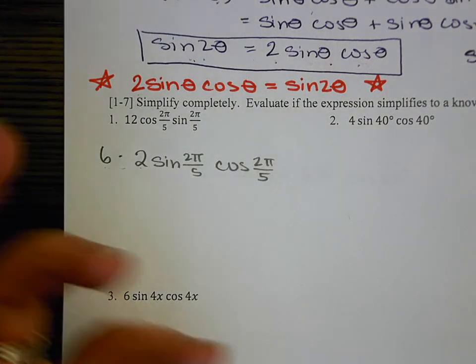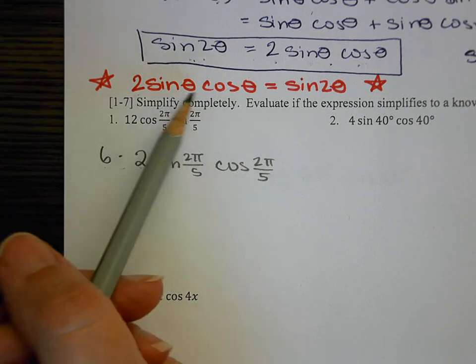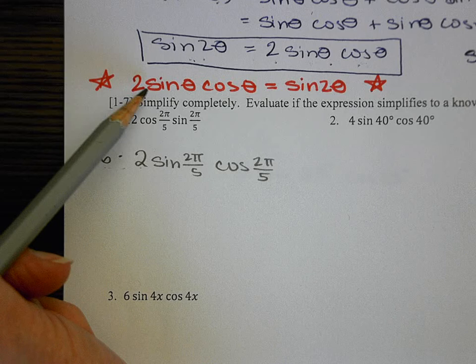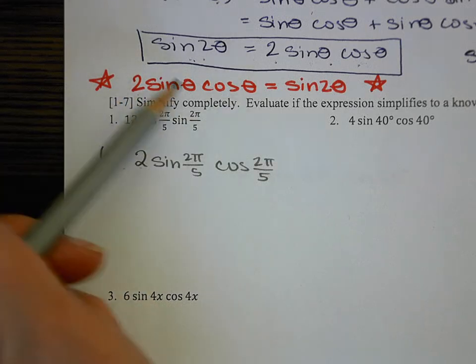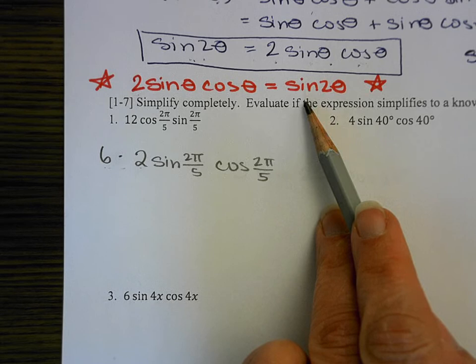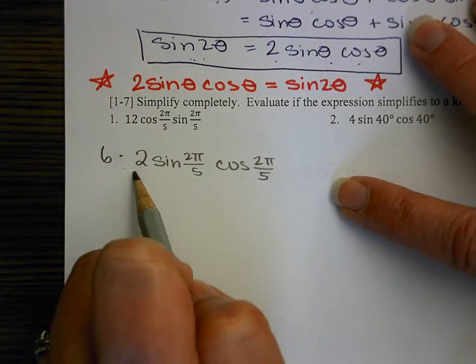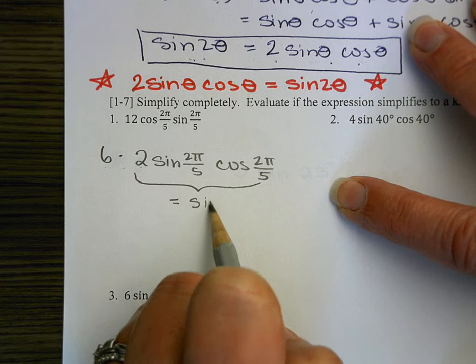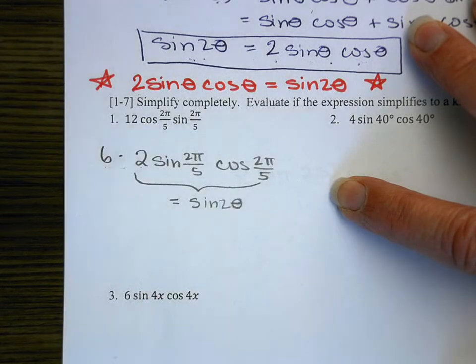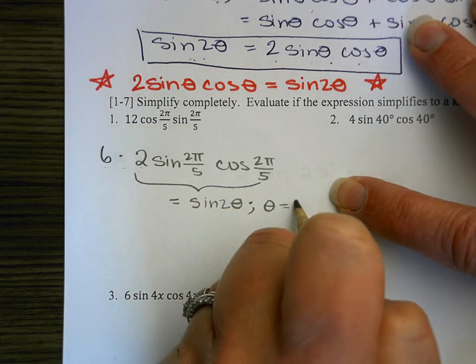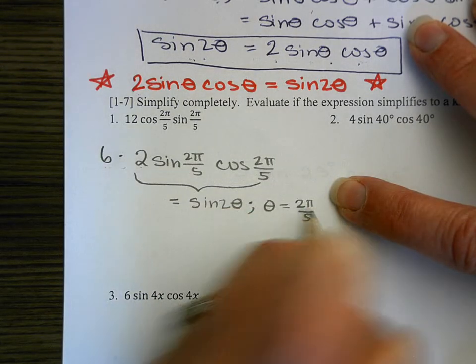Then again, I know that if I have a product of sine and cosine with matching angles and a coefficient of 2, I can replace all of that. So all of that is going to go away and be replaced with sine of 2 theta, according to that identity. And then I know in particular what theta is. Theta for this particular problem is 2 pi over 5.